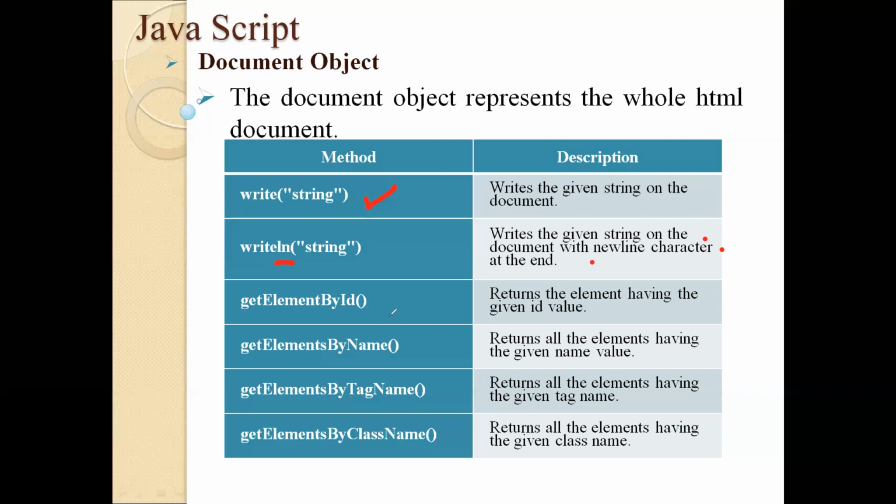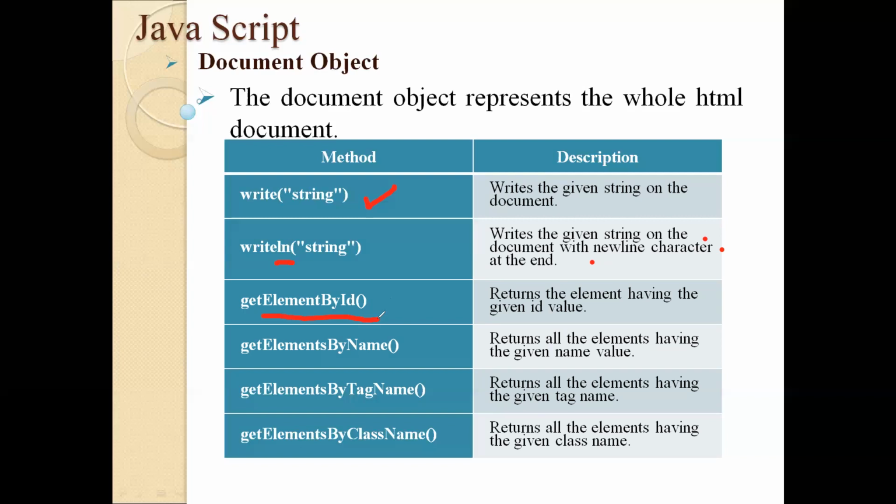And next one, getElementById. We have used this one when we saw the first example on JavaScript. In the first example, we created a button, and when somebody clicks on the button, something changes on the web page.